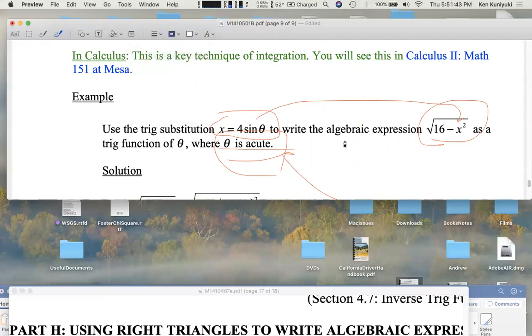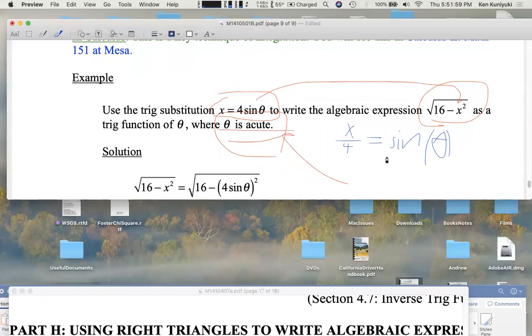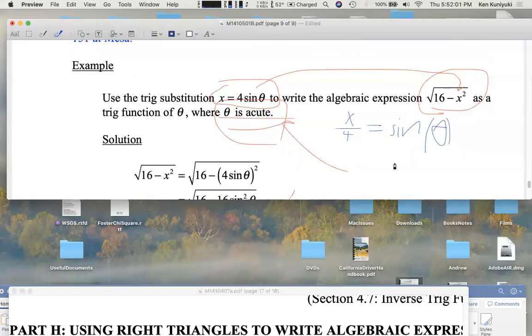If x equals 4 sine of theta, we can then say that x over 4 equals sine of theta. And then if theta is acute, we can say that theta is going to be the inverse sine of x over 4.